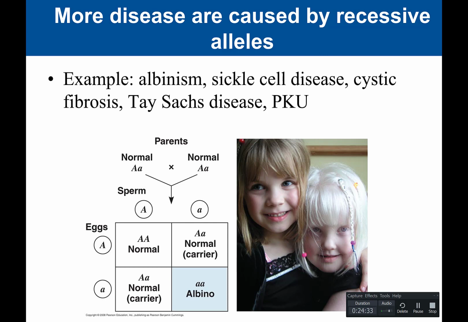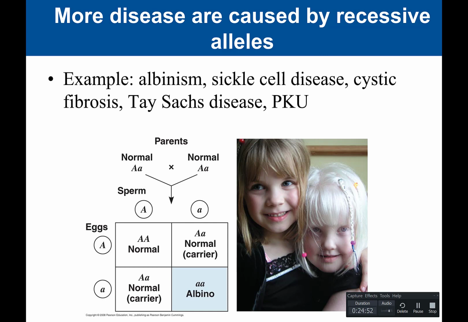And so people who are born with Tay Sachs can't metabolize lipids, and the lipids build up and accumulate in the brain, and the children become deaf, blind, unable to swallow, and typically die by age 4.